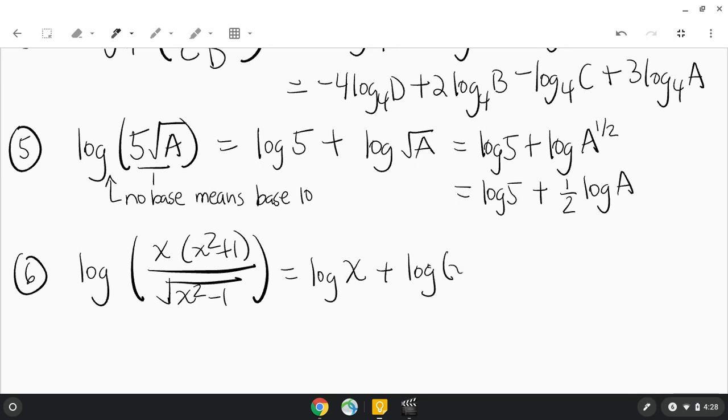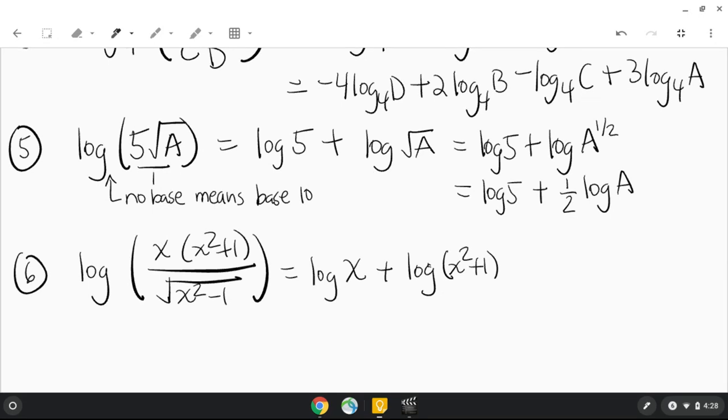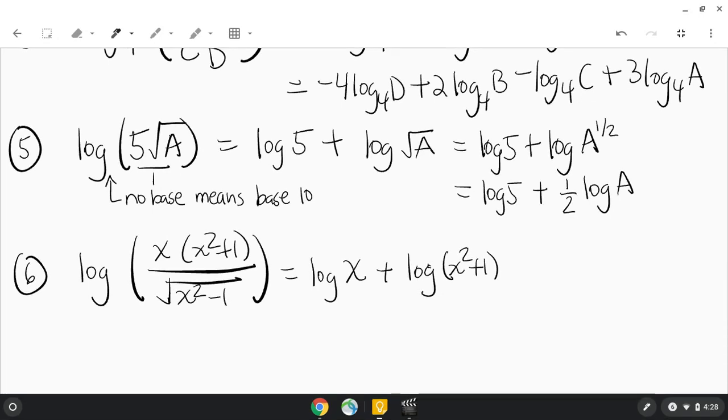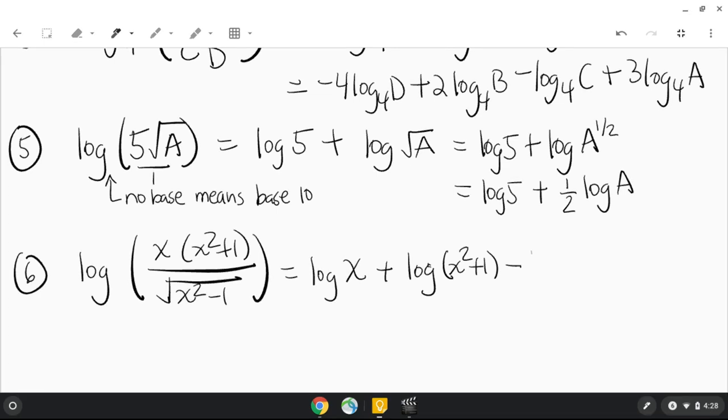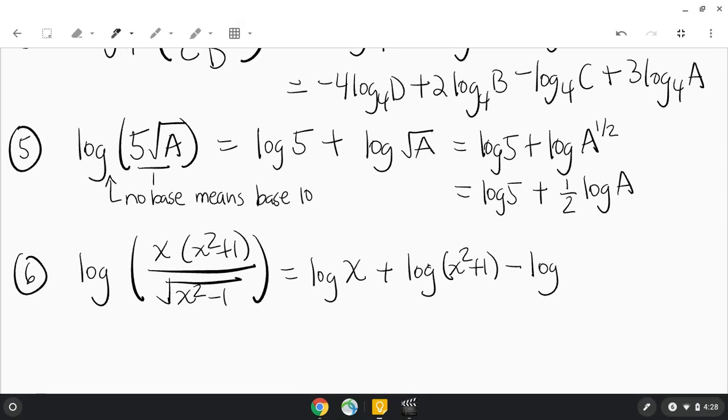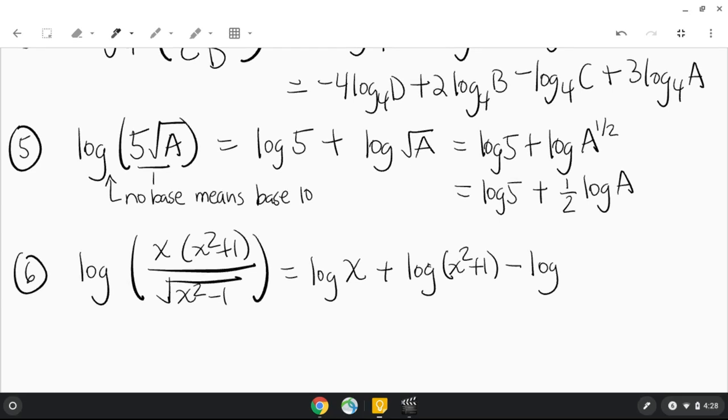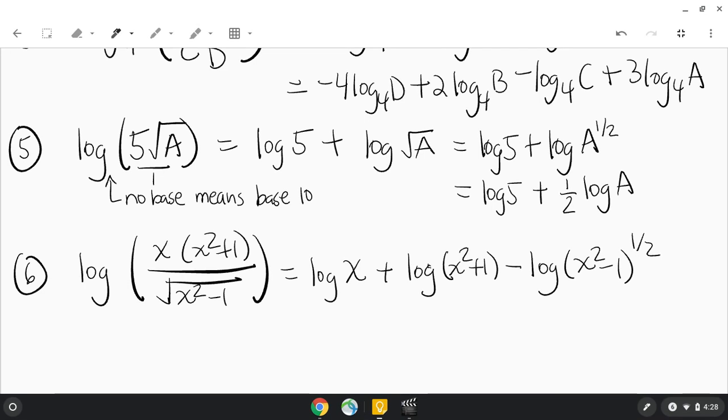All right, so we're done with that one. And then the square root down below will be a negative log. And I'm going to go ahead and write that with a 1/2 exponent. All right, so now we've got all of our positives and negatives out of the way.